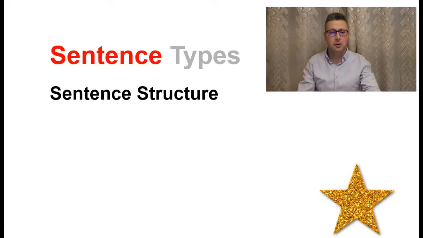If I'm trying to explain myself using complex words and sentences, it's going to be difficult for you to understand me. So the best way is to begin with the simplest form of an English sentence. That's why today we're going to talk about sentence types, or the sentence structure, in the English language.